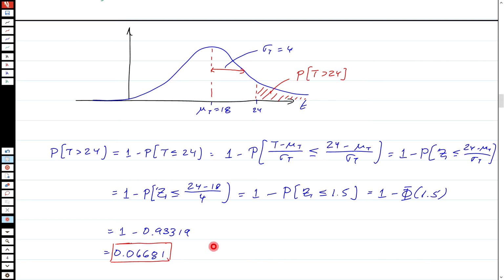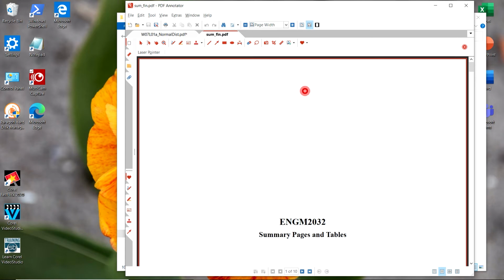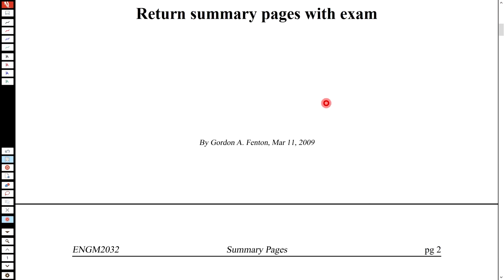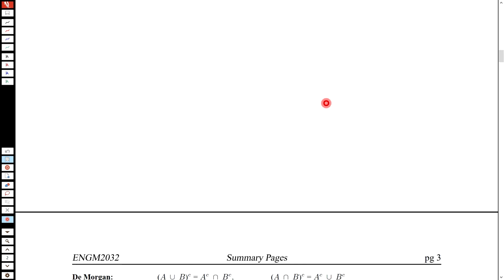I should show you how I go from this step to this number, and for that I'm going to dig out the summary pages. So let me just pause this for a minute, and then we'll resume. So I've opened this Wikipedia annotator. This is my summary pages. And if I scroll down here, you'll see some stuff that you recognize.